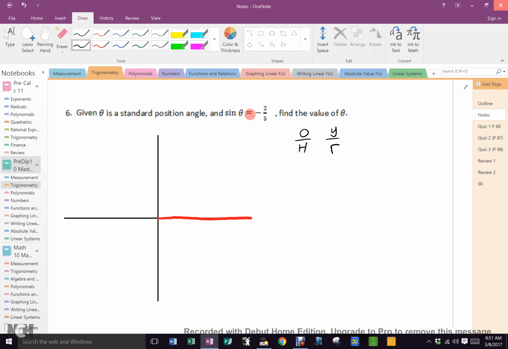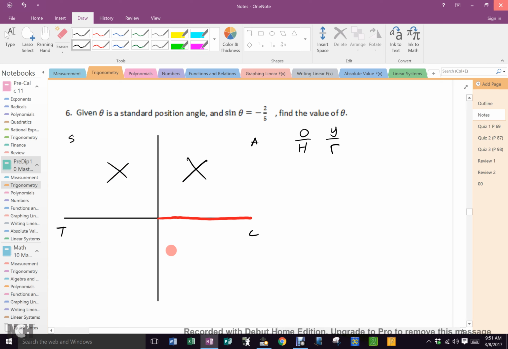Where can't this angle live? Can it be here? No. Can it be here? C-A-S-T. Can it be here? No. Signs are positive up there. So it has to be down here, doesn't it?